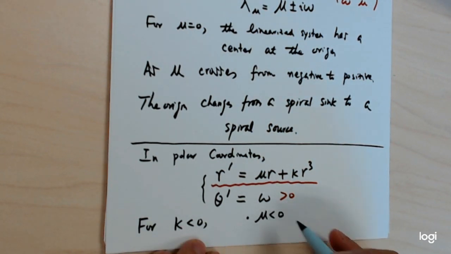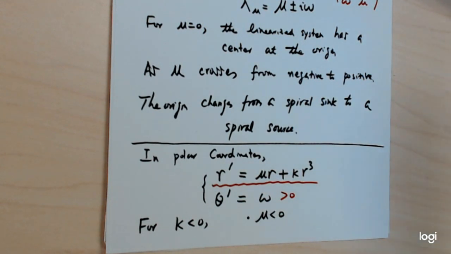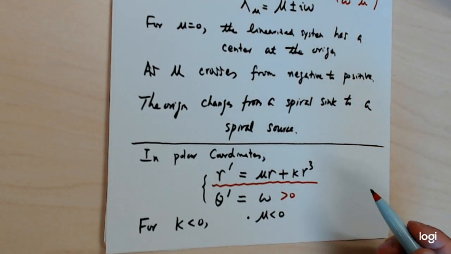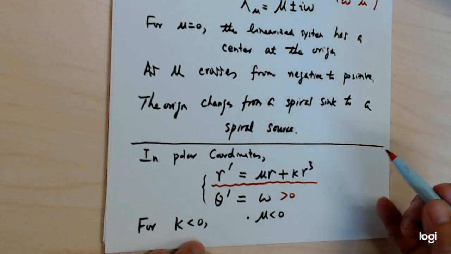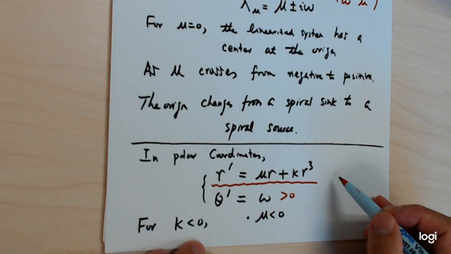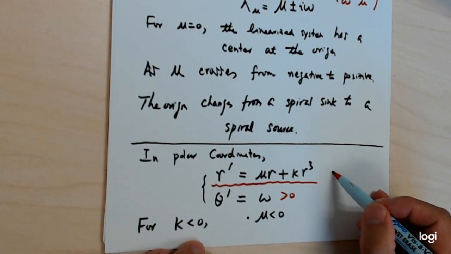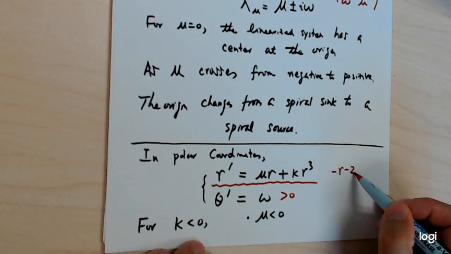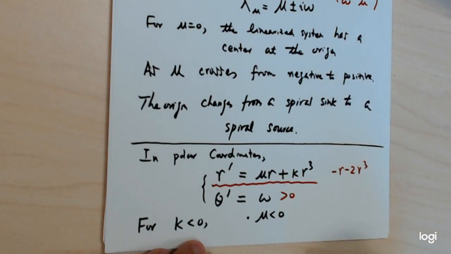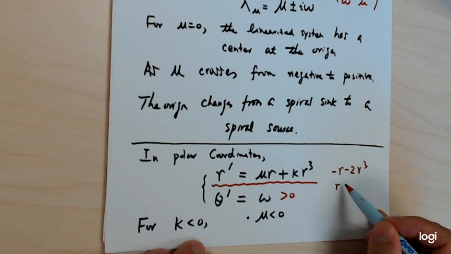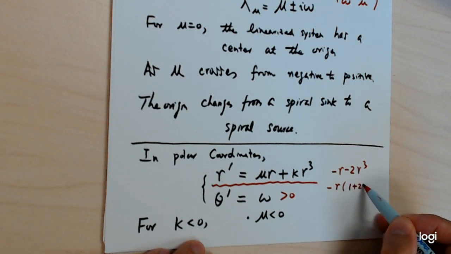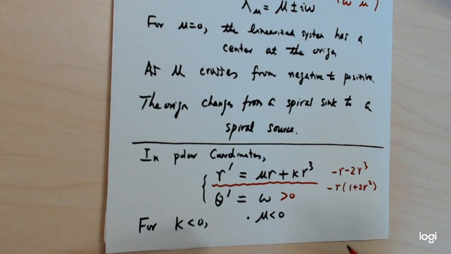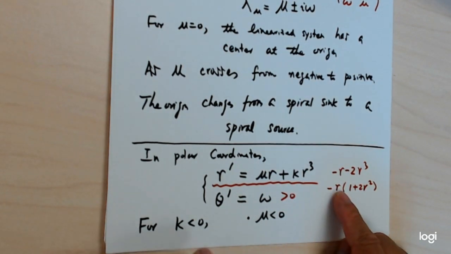If mu is some negative number, think about the equilibria of this problem. For example, say r prime equals negative r minus 2r cubed. You can factor out the r, with a negative sign in front: negative r times (1 plus 2r squared). So if you look at this, r has only one equilibrium, that is r equal to 0.